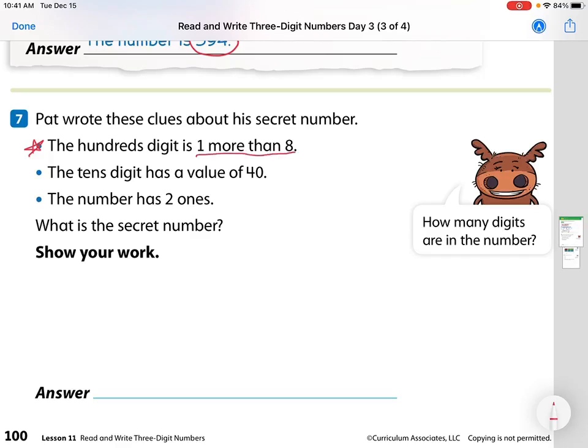The next clue says the tens digit has a value of 40. And our last clue is the number has 2 ones. What is the secret number? And show your work.